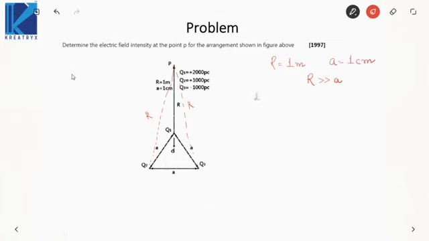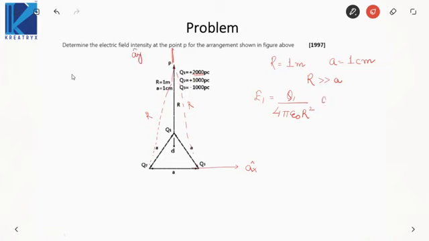Now what is the electric field due to Q1? What is the electric field due to a point charge? Q1 by 4 pi epsilon naught R square. Now if you see, Q1 is a positive charge, so the electric field will be away. Let me call this direction AX cap, this one AY cap.